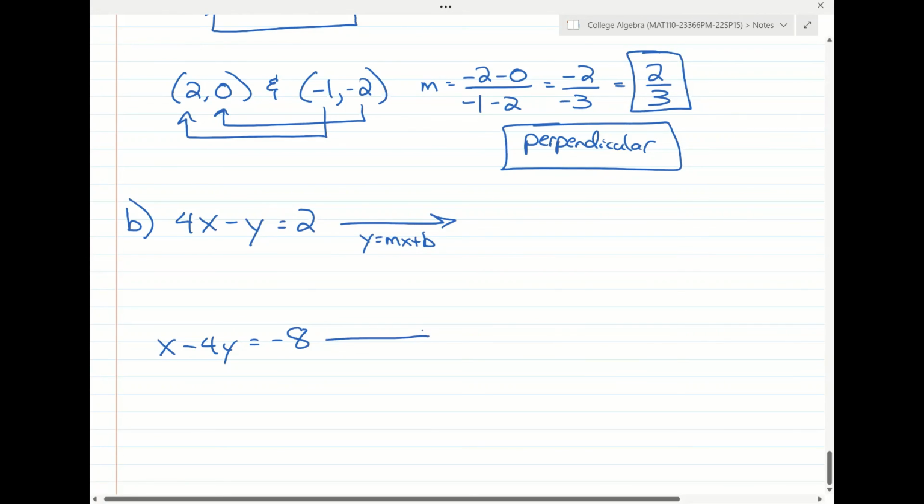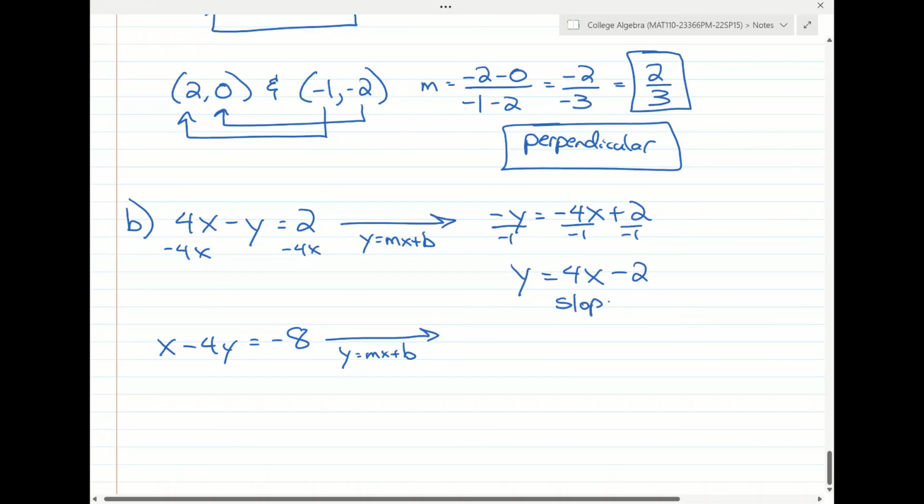Then I could just look at the slope, which is the number in front of x. The first thing I'll do is subtract the 4x on both sides. And I'll get negative y is equal to negative 4x plus 2. And then divide by negative 1. Get y is equal to 4x minus 2.